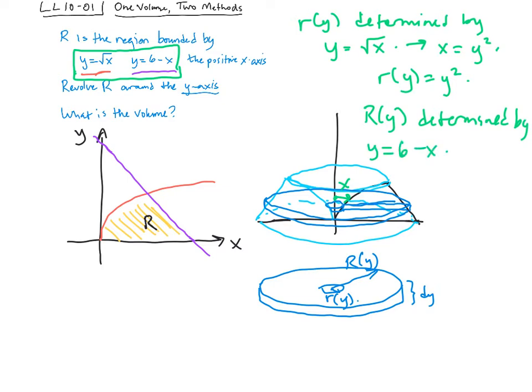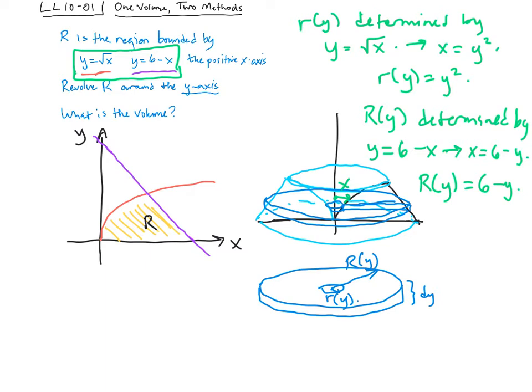And if I try to put that value of x, this value of x here, in terms of y, I'm going to get x equals 6 minus y. So I believe that big R of y is going to equal 6 minus y. Anyway, so I think those give me the outer radius and inner radius.